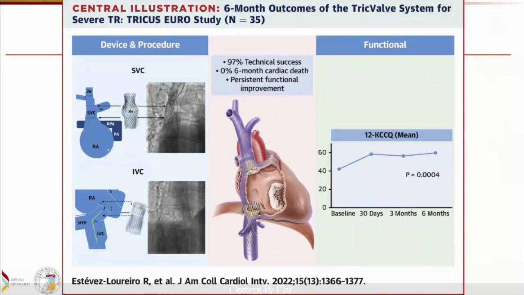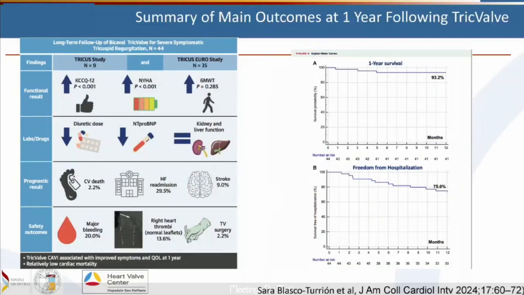There are some palliative procedures like CAVI. I don't know if anyone has had patients who underwent CAVI, and there are some centers who are really believers in CAVI, and they have been able to show some degree of benefit, not in my career, but maybe somebody will debate on this. I think CAVI is a palliation for end-stage patients.